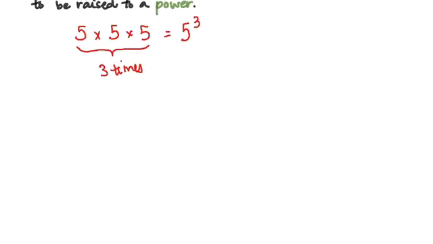The way we write exponential notation is we represent the number that we want to multiply by itself as the base, and then we have a very little number on the top right-hand corner, and we call that the exponent. Sometimes it's also called the power. The exponent tells us how many times we're going to multiply the base by itself.